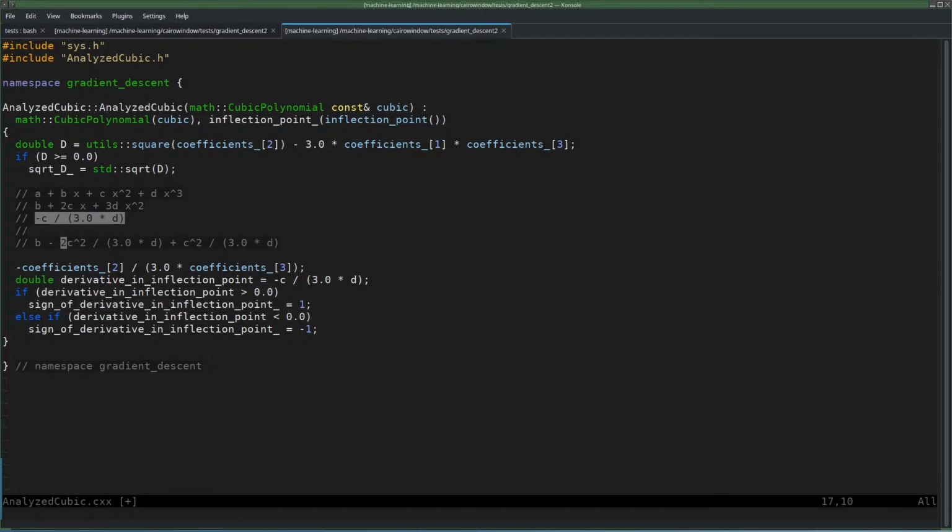So that means 2 drops out, and then all of that drops out. I can't make that any simpler.